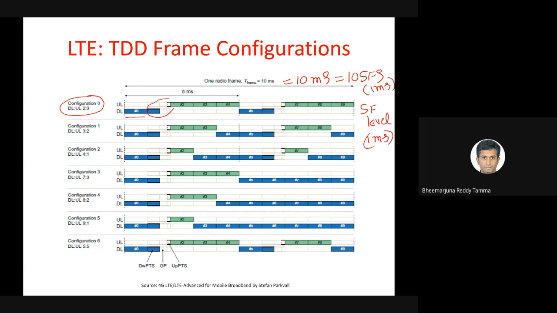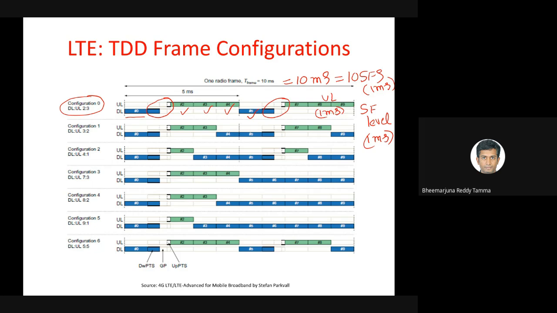The second one is a special subframe which has a mix of both downlink and uplink. Then we have the second, third, and fourth, which are meant for downlink. Then we have the fifth one for uplink, and we have a special subframe. Then we have the seventh, eighth, and ninth, which are meant for uplink. So these are all at 1 millisecond granularity, which again contains 14 symbols in each of these subframes.